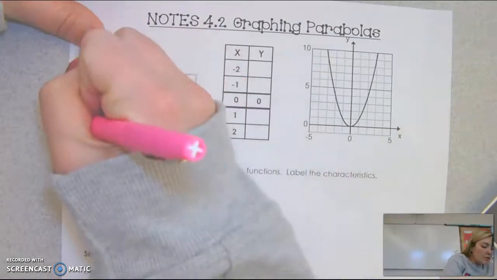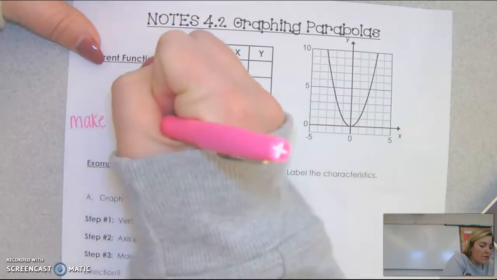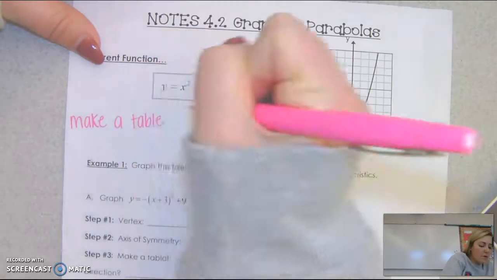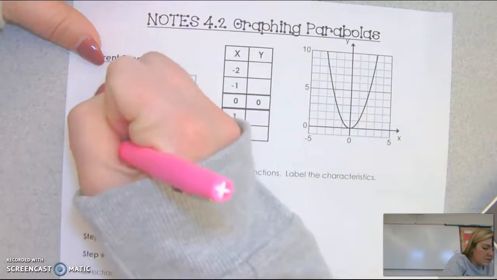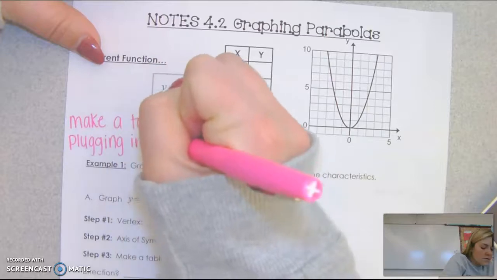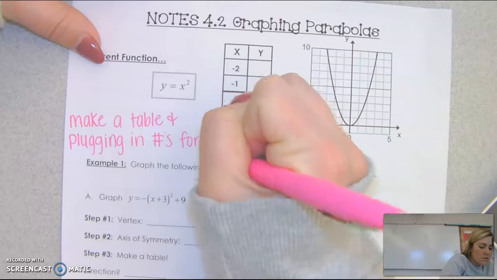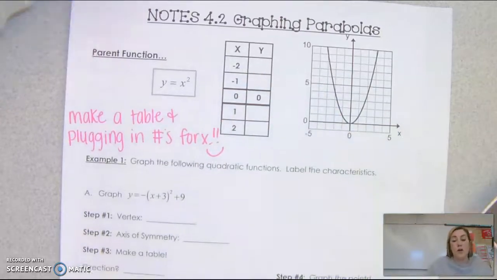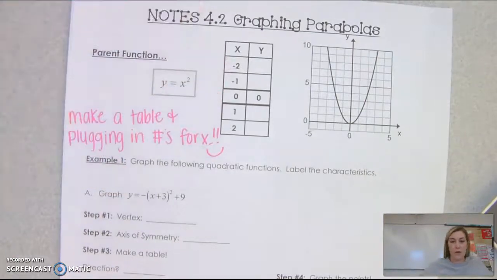So we're going to start by making a table and plugging in numbers for x. We have a table right here, and they already gave us x values to plug in.